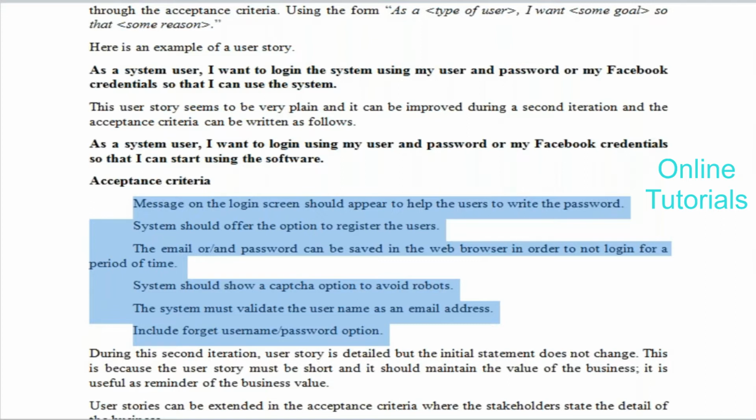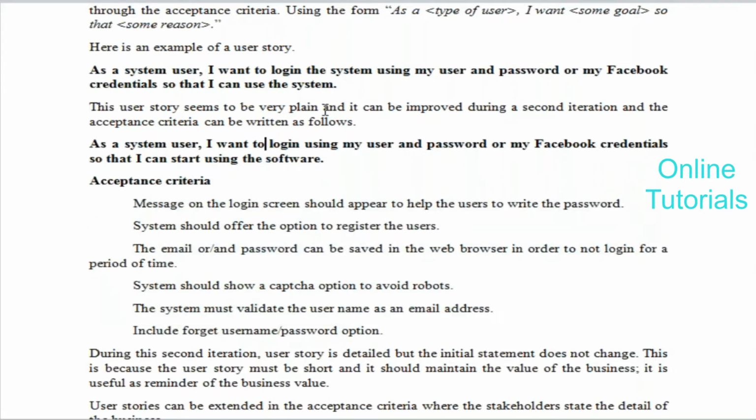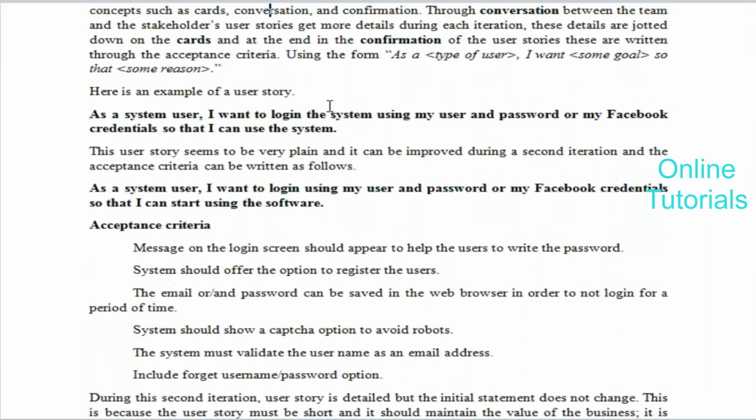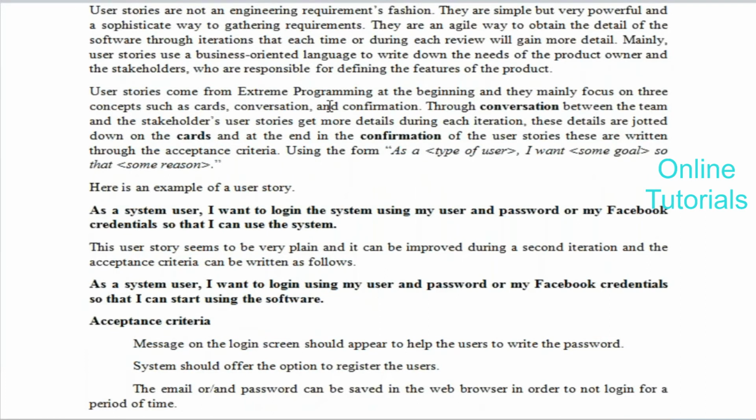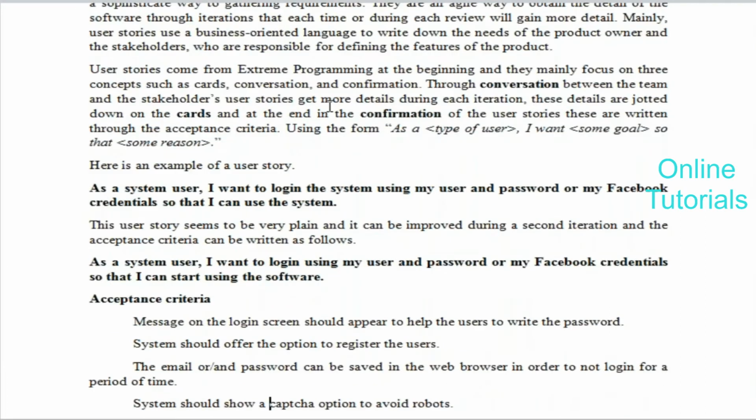So these are the acceptance criteria which we have to write. This is the user story we have to write. When you are writing a user story, there is a point called the 5W technique.